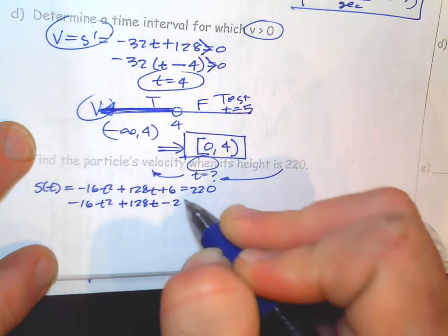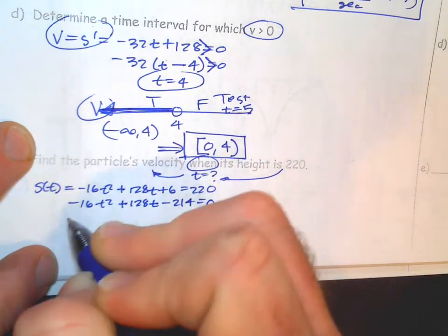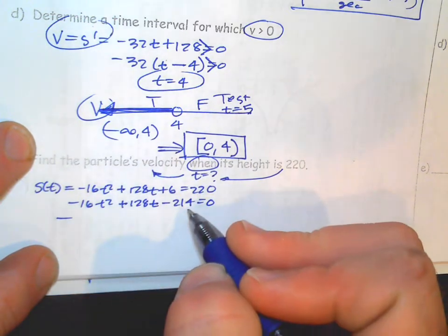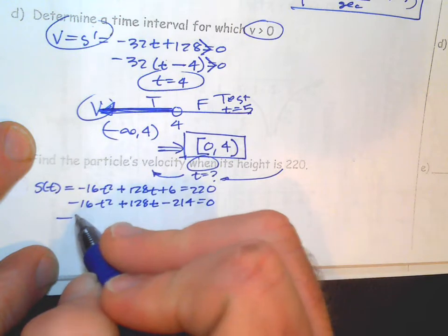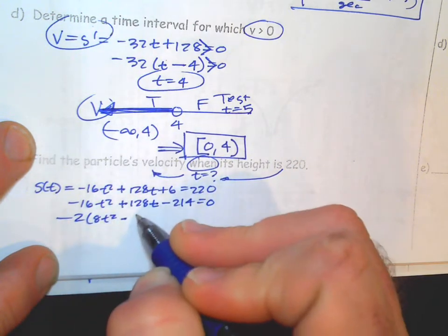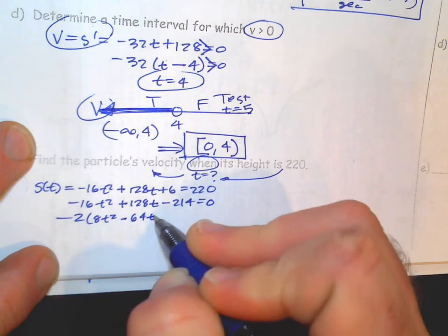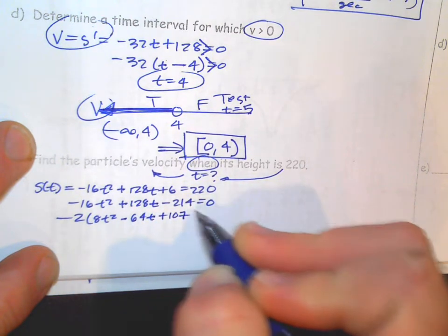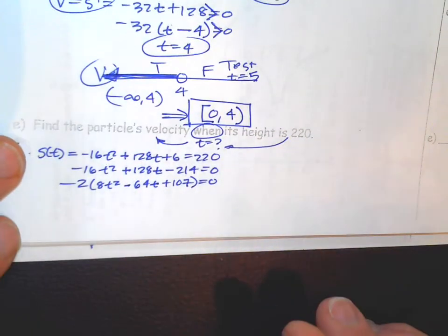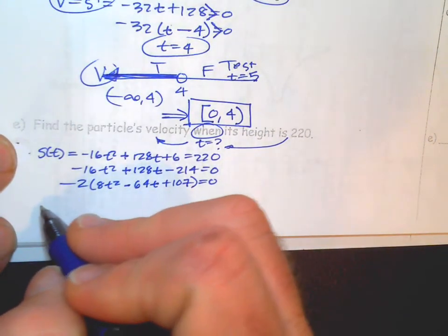Minus 214 equals 0. And then factor, can we take a 2 out, negative 2, 8t squared minus 64t plus 107. I think that's all we can do. So I think we gotta do a quadratic equation, quadratic formula.